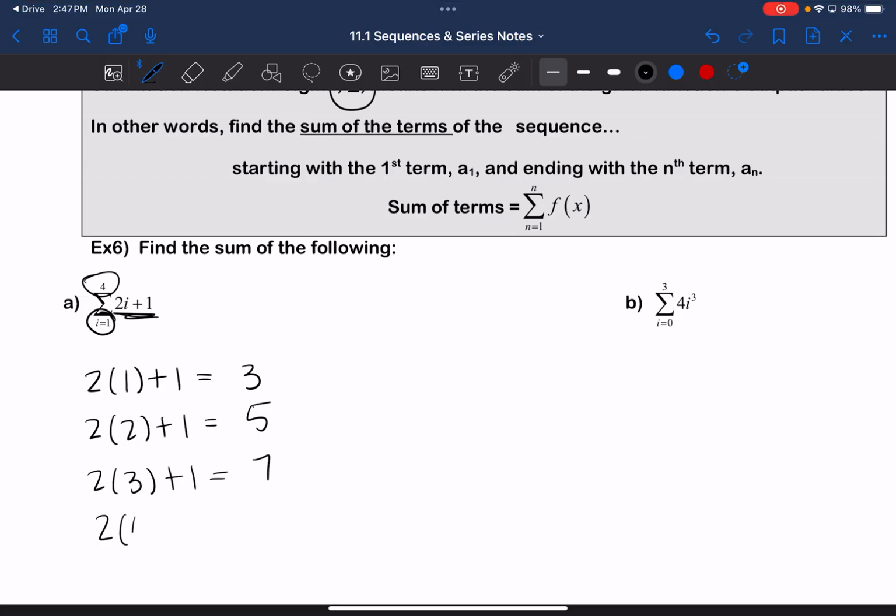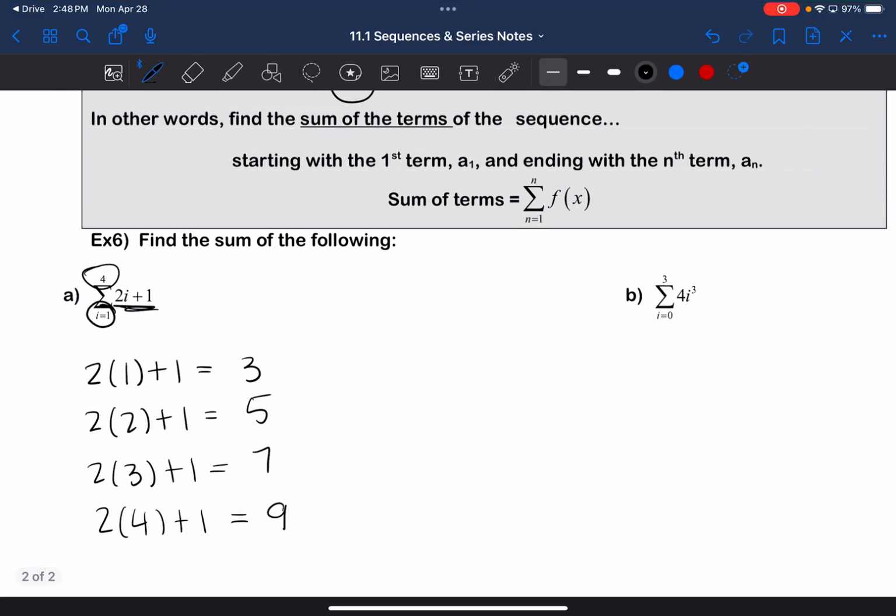And then finally, 2 times 4 plus 1, which would give us 9. All right? And then I just total these up. So when they ask for the summation, all I'm doing is totaling up my outcomes. So 3 plus 5 plus 7 plus 9. What would that give us? So our sum is 24.